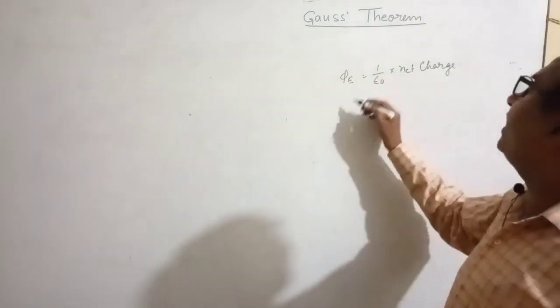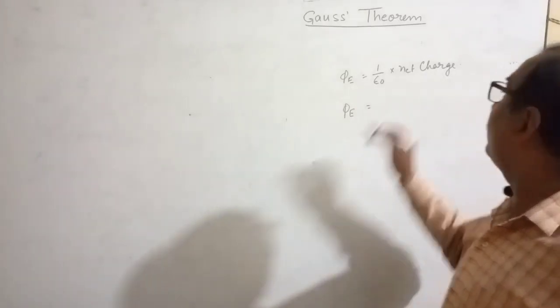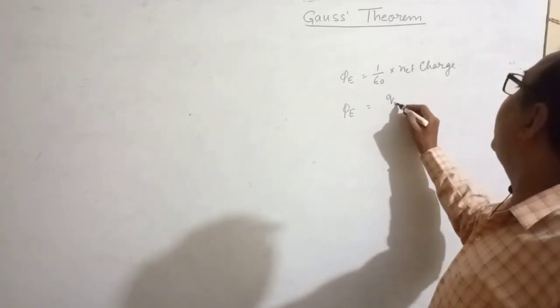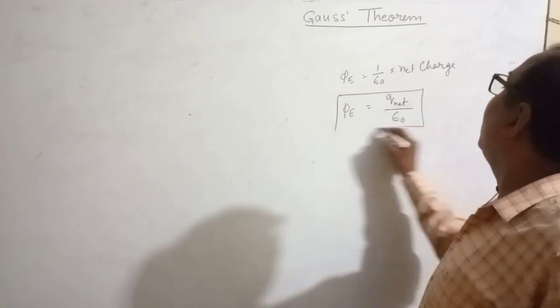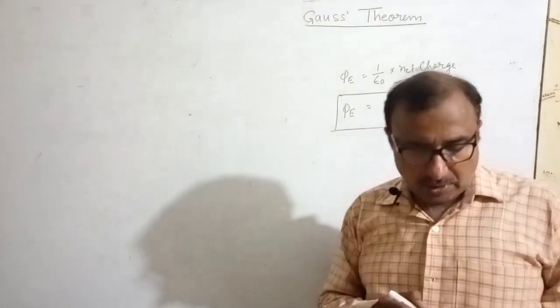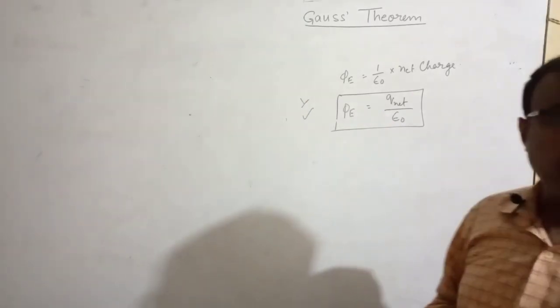In ISC, if it comes in the exam, if you write like this, Q net upon epsilon naught, for Gauss theorem in a 1 mark question, you will get 1 mark without writing theory.